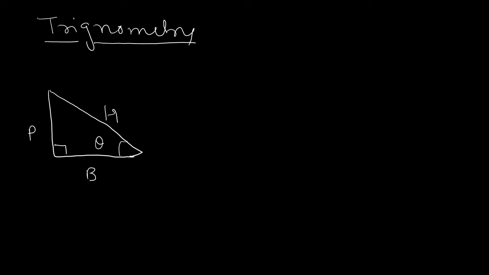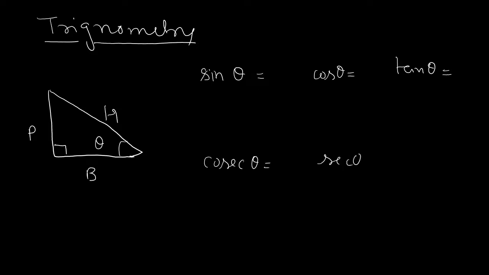So sine of an angle, so when we say sine of theta, we say cosine of theta, then we come with tangent of theta. We have three more relations, which is known as cosecant of theta, secant of theta, and cotangent of theta.